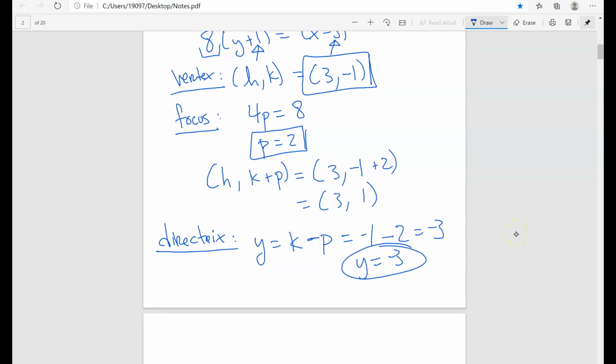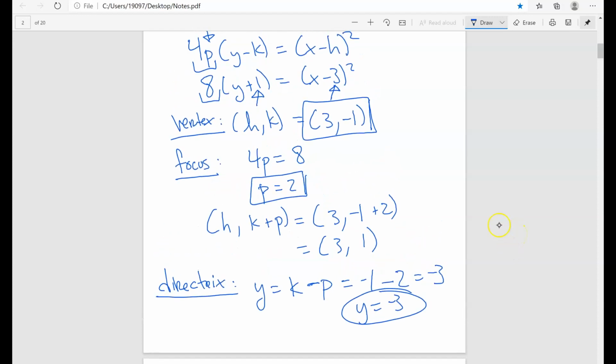Okay, so in this case, they didn't ask us to draw it, so you don't need to, but we can if you want to. So if you have 3 comma negative 1, it's going to be my vertex. Notice that my focus is going to be at 3, 1. So there's my focus. My directrix is going to be 2 units below that, negative 3.